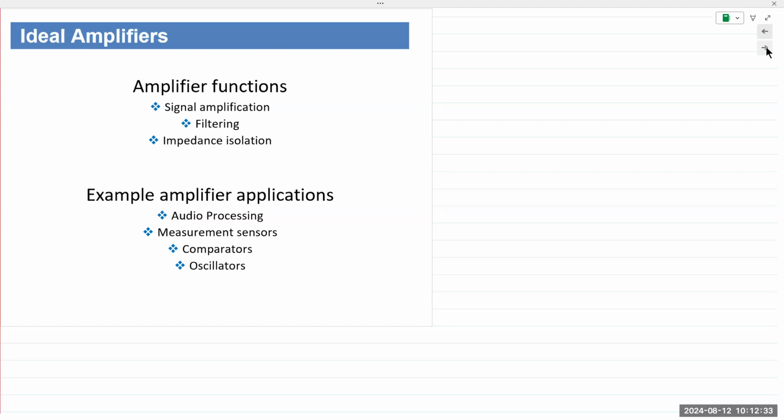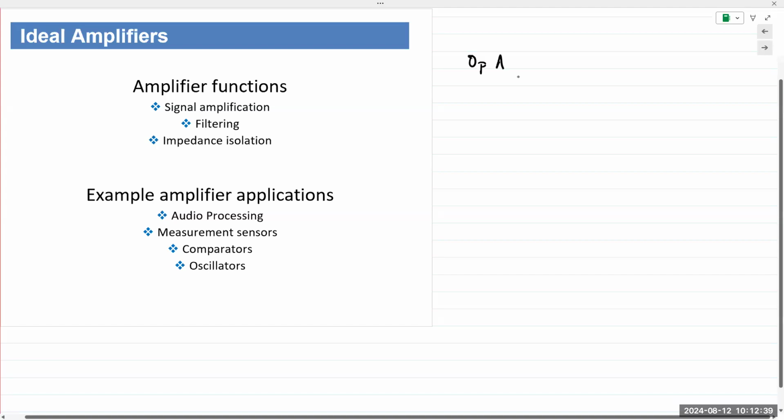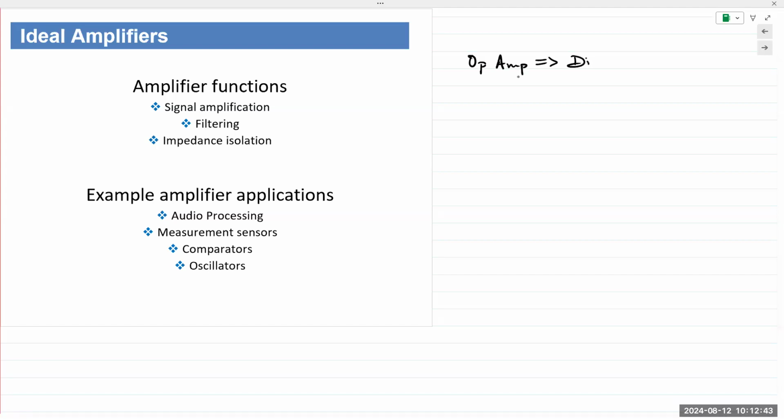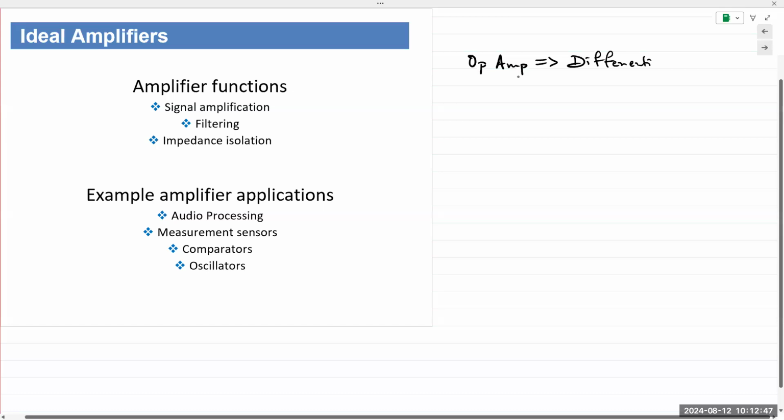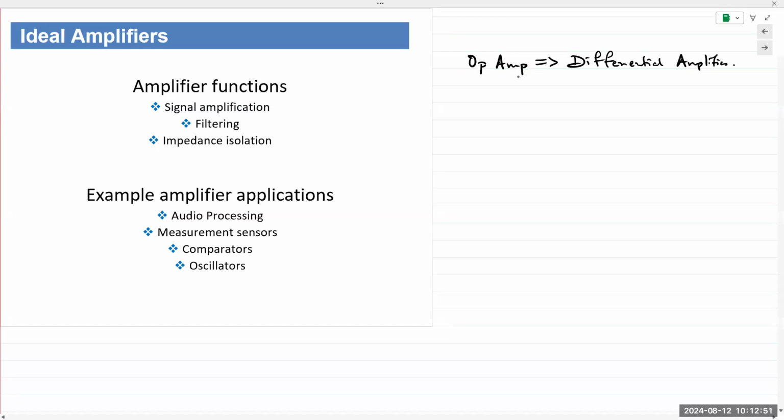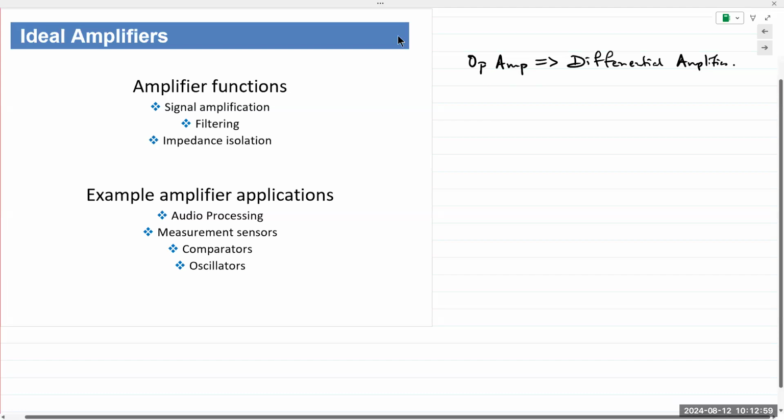Okay. So first, what I want to say is that the operational amplifier, op-amp, is a differential amplifier. It is created by using transistors in a circuit.